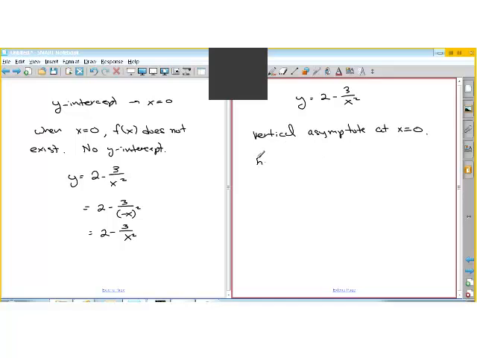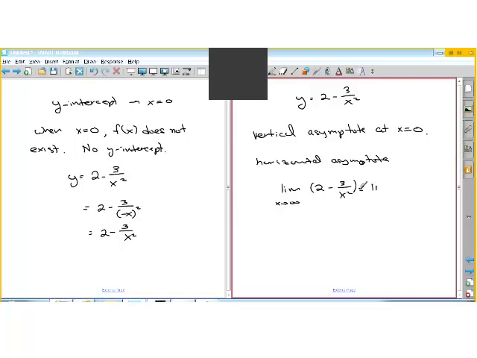And the horizontal asymptote. Again, that is the limit as x goes to infinity of the quantity 2 minus 3 over x squared.